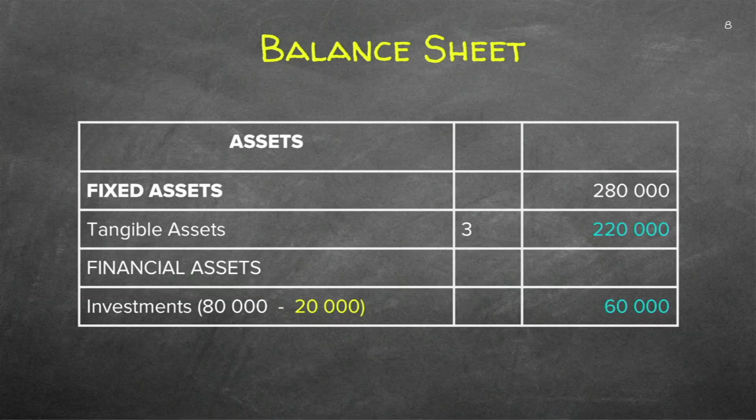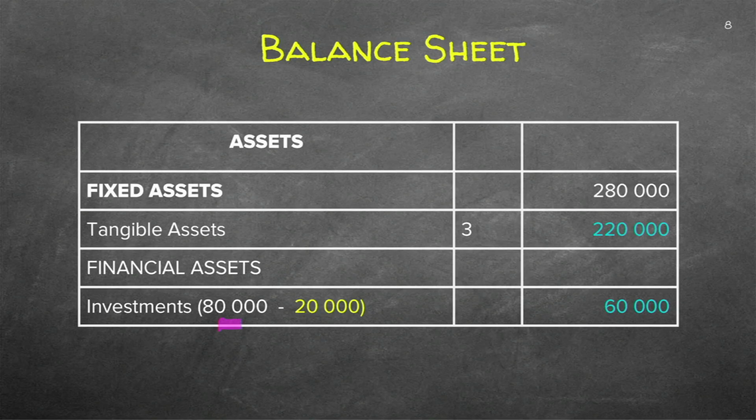Here I've got my fixed assets, my tangible assets, note number 3, we've dealt with that. And a subheading of the fixed assets is my financial assets. And here I have my investment. And remember, it's important to show bracket work because you will get marks for bracket work.